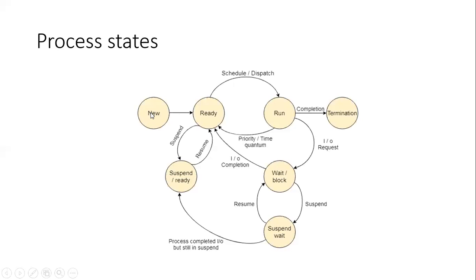Okay, so what is new state? So whenever we are talking about new state means what? Right now I'm talking about program, I'm not talking about process right now, because whenever you are in new state, your program is located in secondary memory, or you can say hard disk. So right now your program is not loaded into main memory, so that's why I cannot use the word process over here.